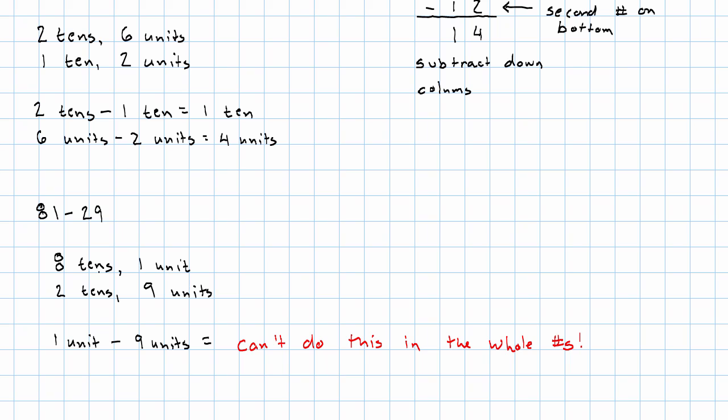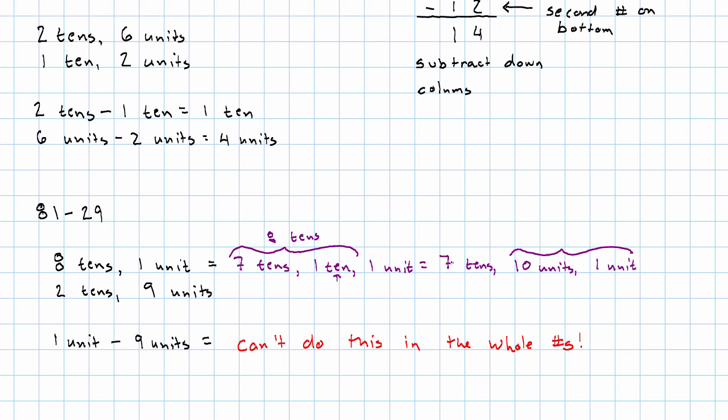In fact, 8 tens and 1 unit, that's the same as 7 tens, an eighth ten, and 1 unit. Together, 7 tens and 1 ten make up 8 tens. But that in turn, right, this 1 ten is 10 units. We have 7 tens and 11 units.